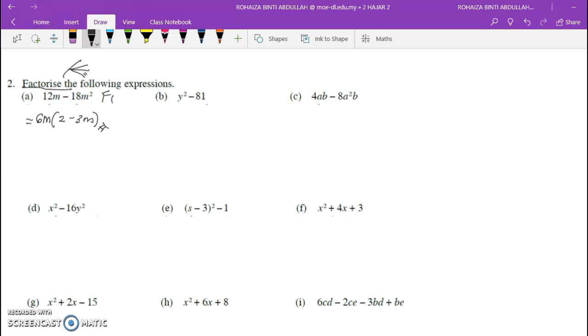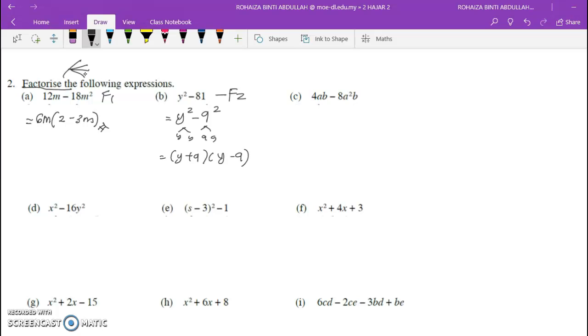B. Y squared minus 81, use the factor 2. That is difference of square. So y squared minus 9 squared. Okay, and then see y 9. So we got here y plus 9 and another one, y minus 9.